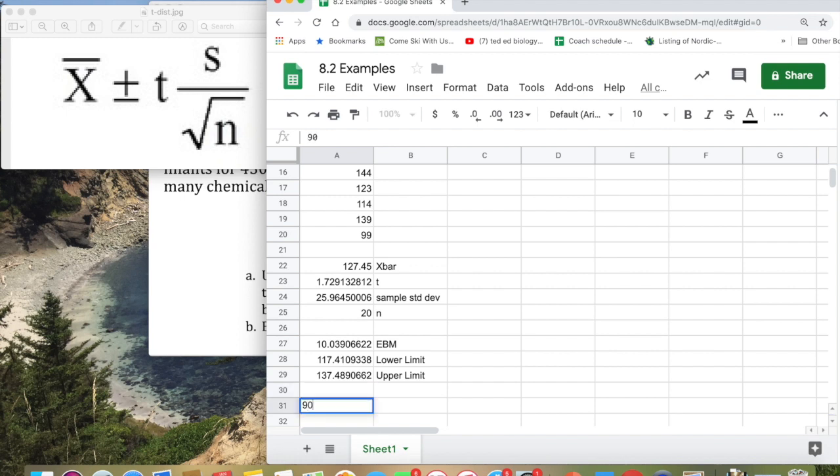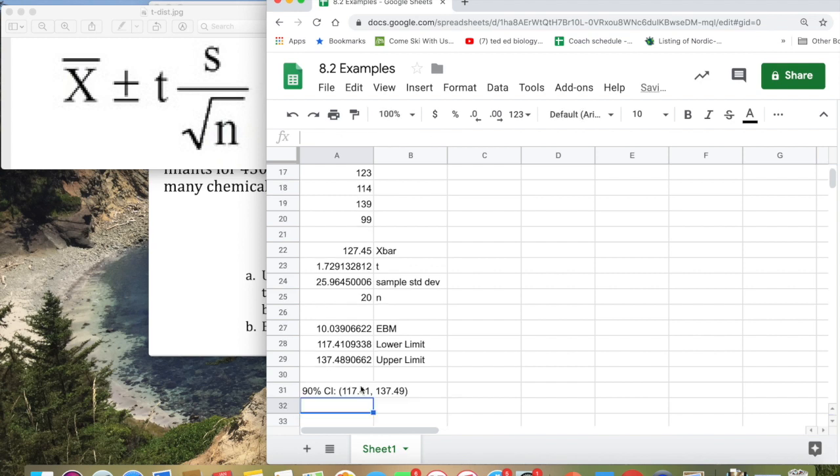So our 90% confidence interval is 117.41 to 137.49. And that means that 90% of the time the true population mean will be within this range.